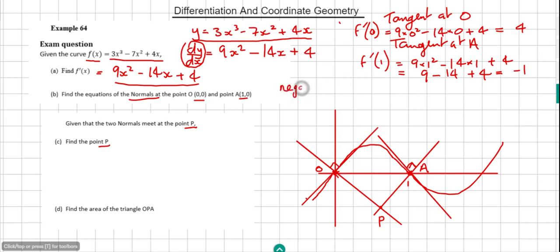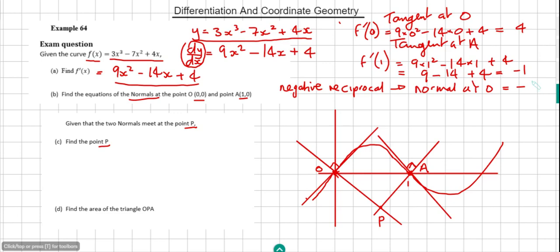So the normal at O will have a gradient of minus 1 over 4, because we're just taking the reciprocal of 4, which is 1 over 4, and we're making it negative, or changing the sign. If it had been minus 4, it would become positive. Since it's positive, it's going to go negative.